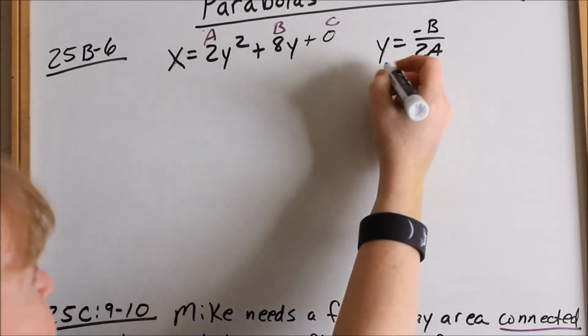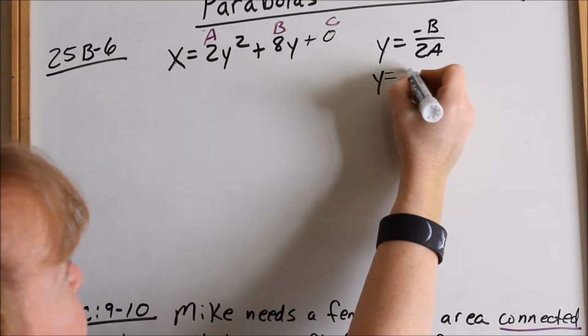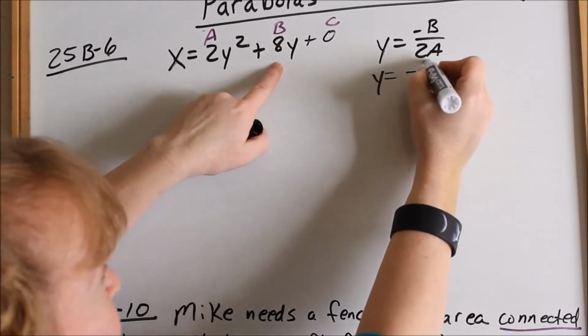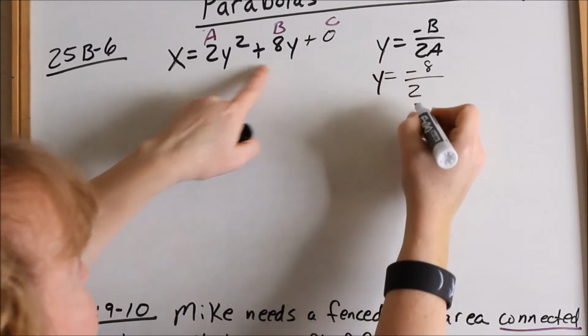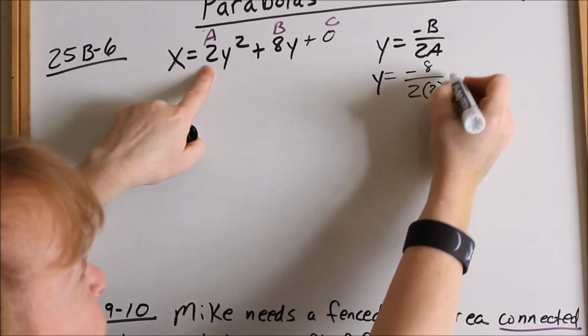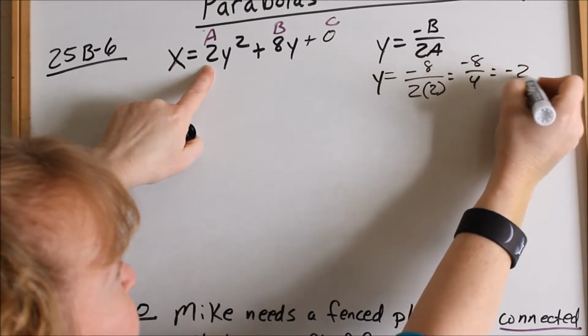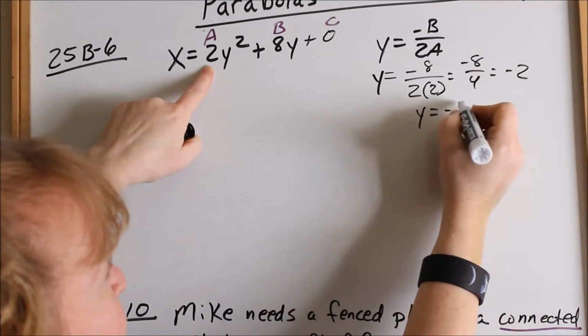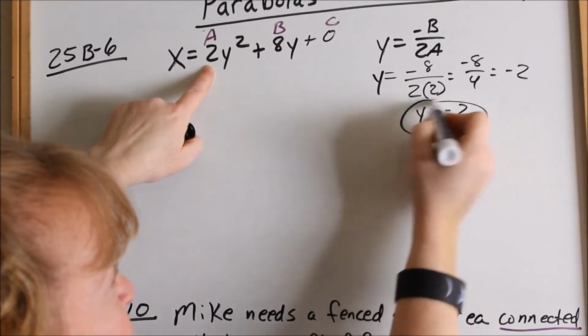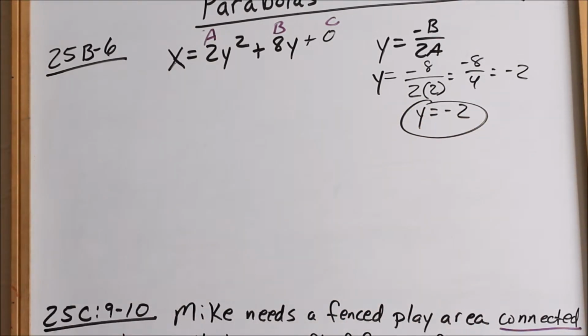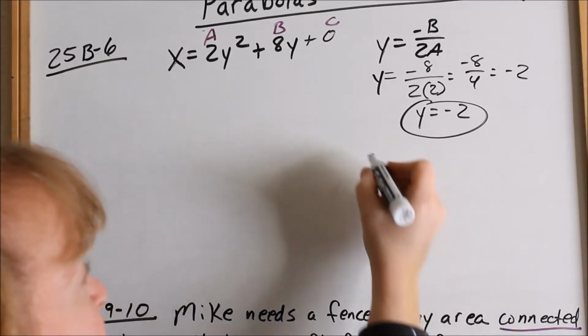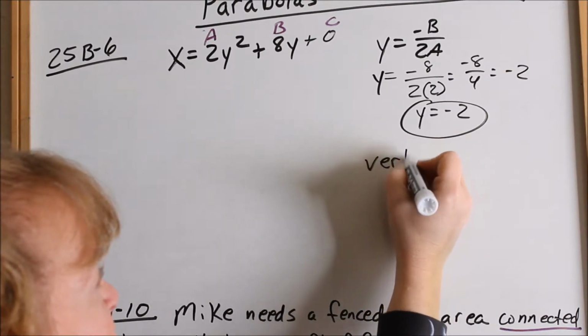So putting that into the formula, y equals negative, and then my b is 8, all over 2 times a, which is 2. So negative 8 over 4, which is negative 2. So my axis of symmetry is y equals negative 2, but that is also the y-coordinate of my vertex.